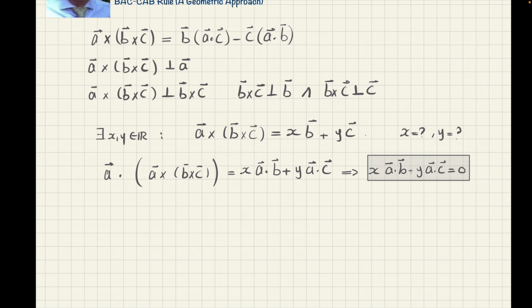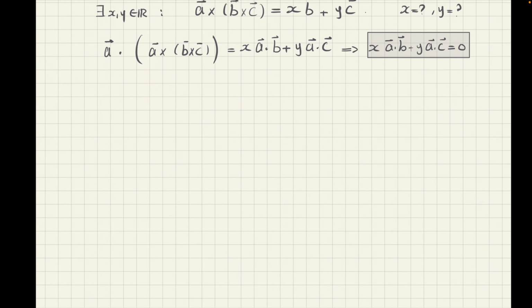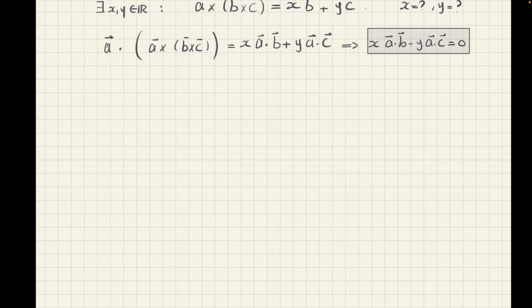The first particular case that I want to prove for you is that I want to consider the case that I have two unit vectors, vectors of unit length u and v. I want to prove that the BAC-CAB formula actually holds if I have this situation. I want to show that the same rule applies if I have this scenario.